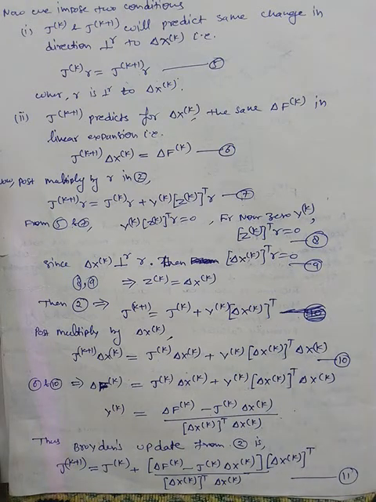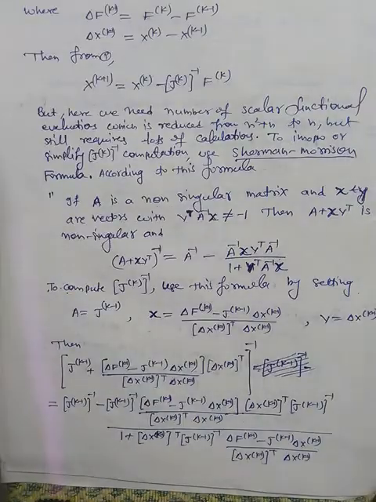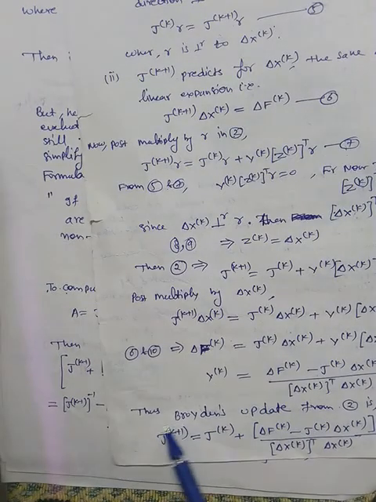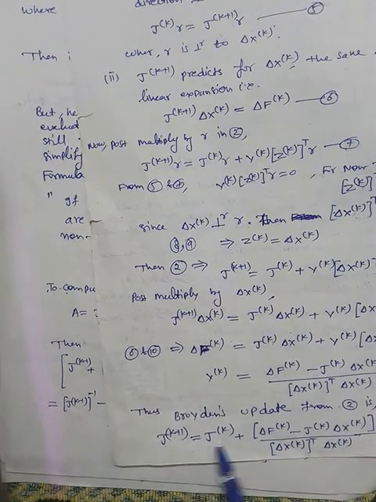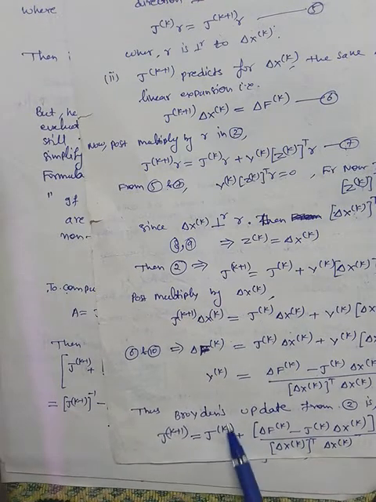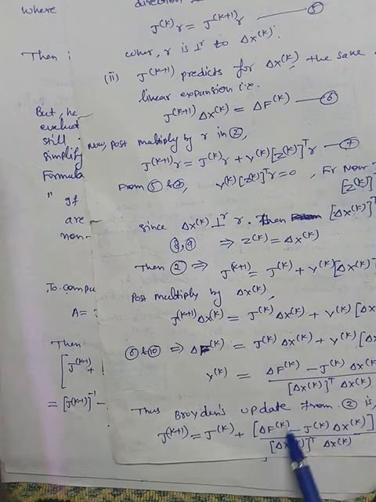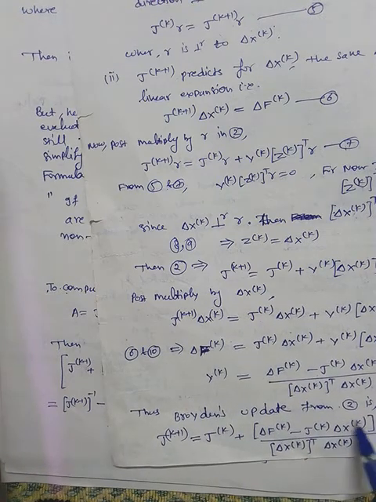But what is the problem? We will discuss this problem. But what we can do is replace this index by, or reduce this index by 1. So in place of k plus 1, we can write k here. So here should be k minus 1, and everywhere else k minus 1.